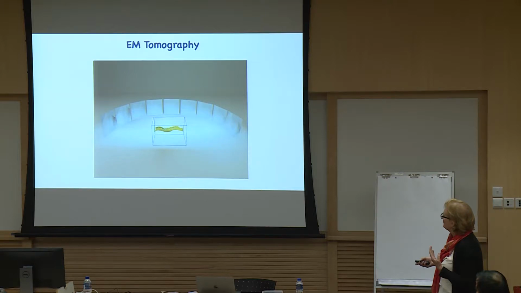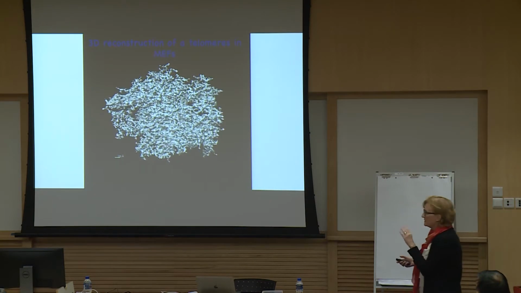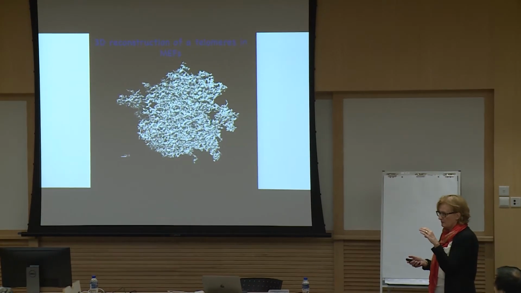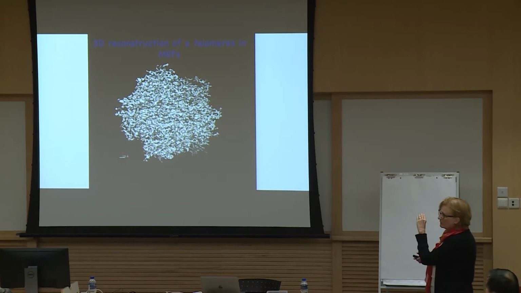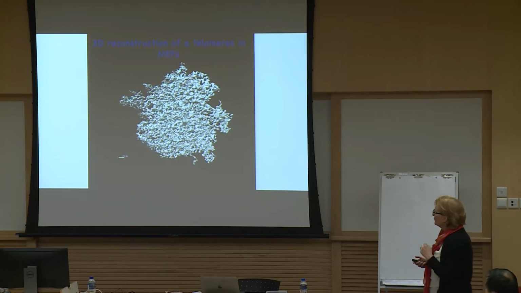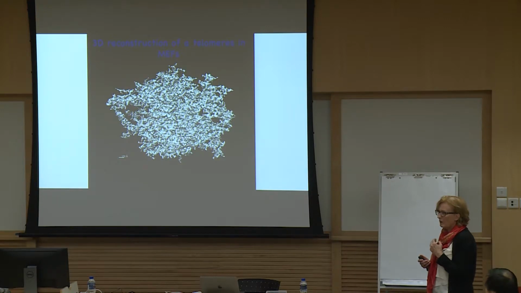And here is a reconstruction done by Sarah Sandin. This is what you saw before, a telomere inside a cell, right? Using tomography, this is a 3D reconstruction of a telomere in situ. And the resolution, I forgot to say, is about 10 nanometers. So about 10 to 100 times better than super-resolution microscopy.